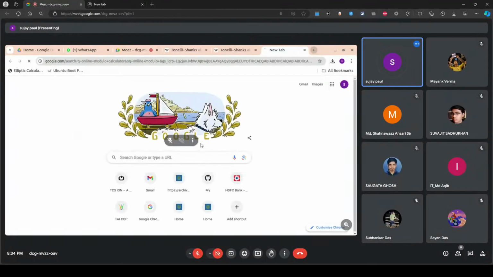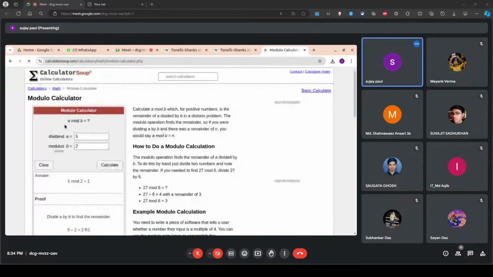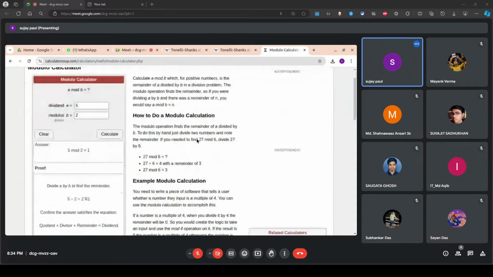So you can go for any online modulo calculator, modular arithmetic.